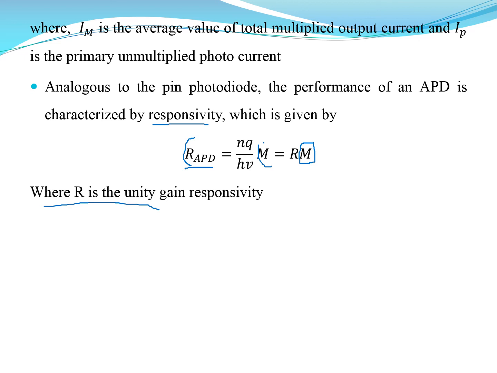So here we have compared APD working with the pin photodiode. Whenever we look into the APD, the gain of the APD is almost 200 times more than the pin photodiode.